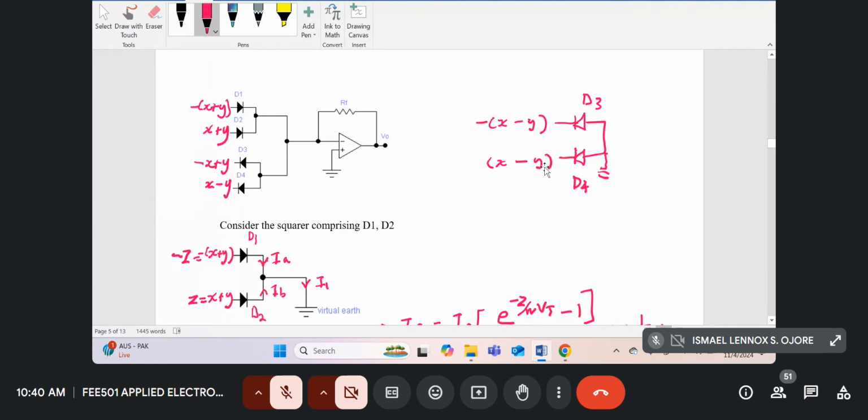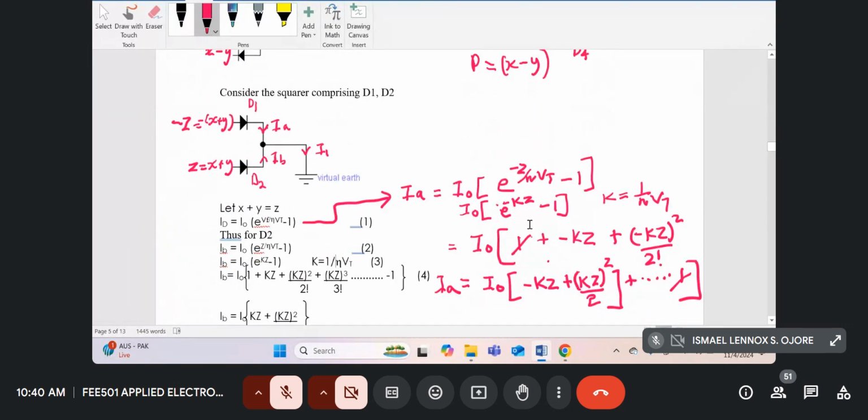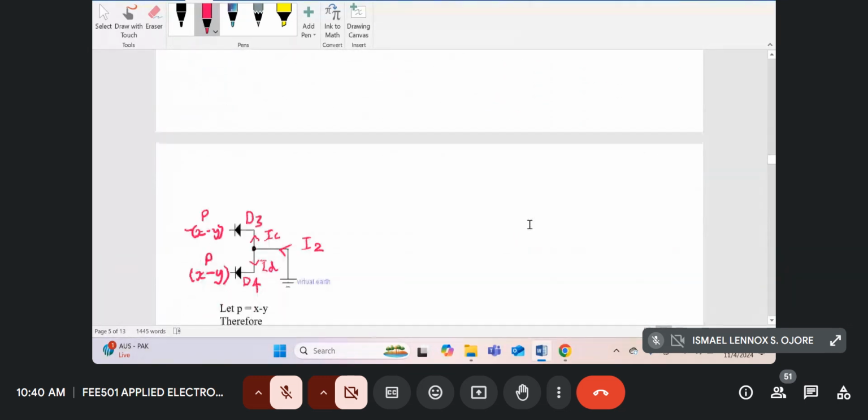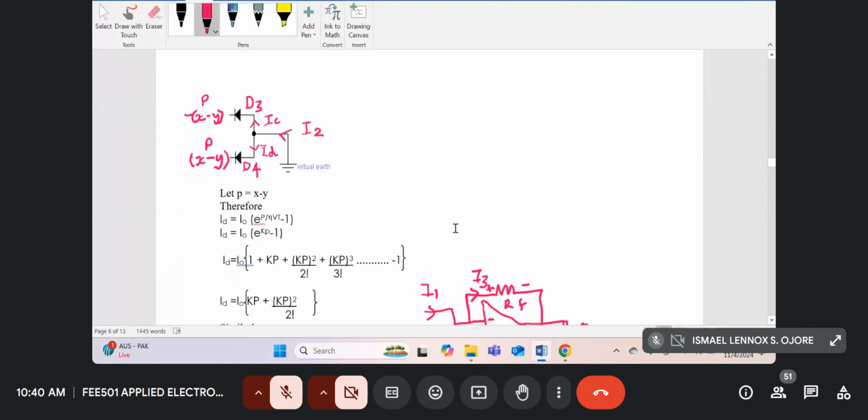And then I will use a new variable. I think I've used P, so we'll check in the notes. So I think I've used a new variable P equal to x minus y. So it will make our analysis easier. So let's go to the notes and see. Yeah, I've used the variable P. So P is x minus y.